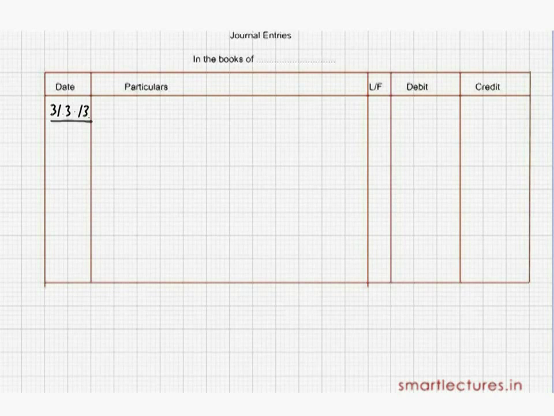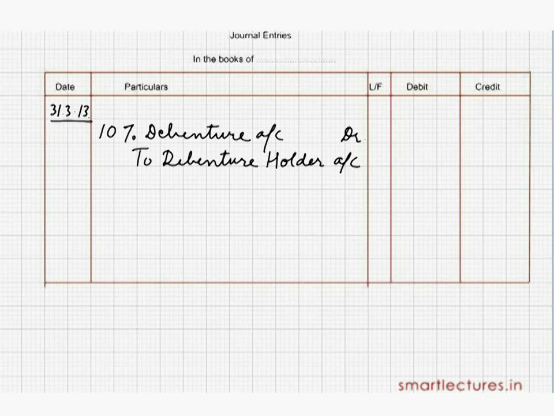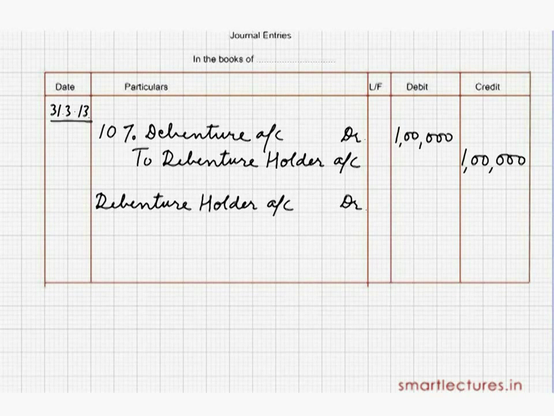The company has to redeem the debentures, means cancel the debentures, or we can say today company has to debit the debentures account. So the journal entry will be 10% debentures account debit to debenture holders, 1 lakh rupees.